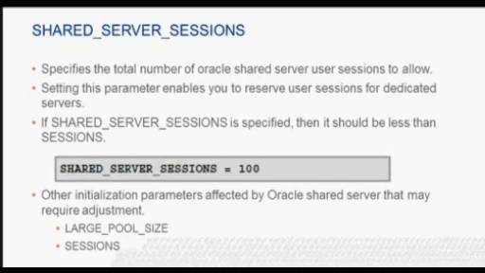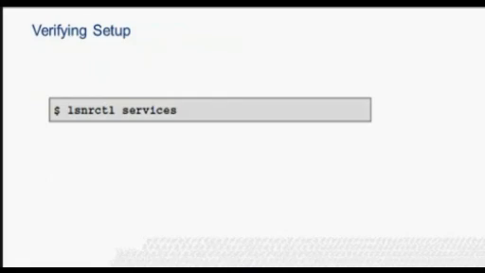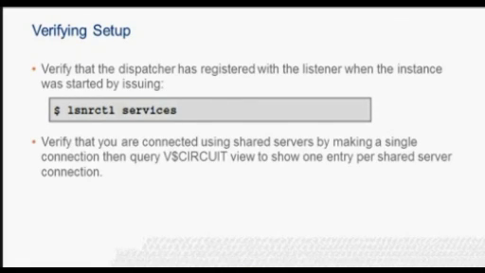If we do not set the value for large_pool_size, Oracle uses the shared pool. Oracle shared server uses session memory. Oracle allocates some fixed amount of memory per configured session from the shared pool, even if we have configured the large pool. The circuits initialization parameter specifies the maximum number of concurrent shared server connections that the database allows.